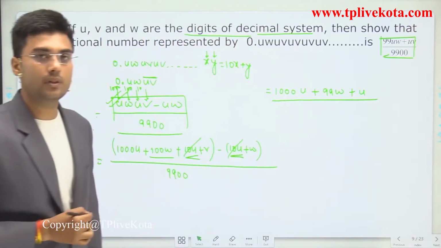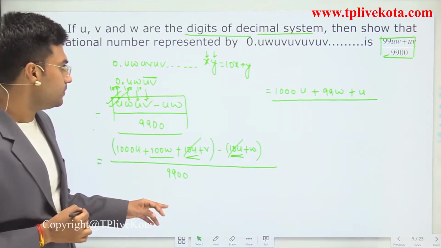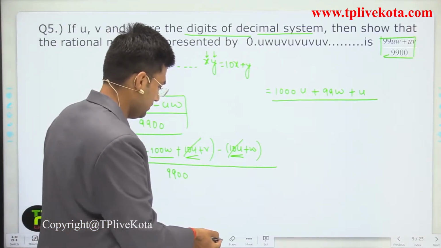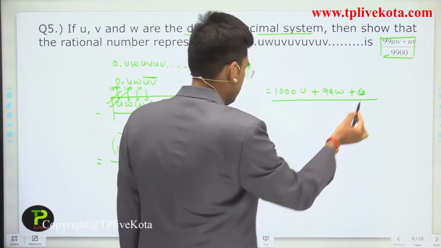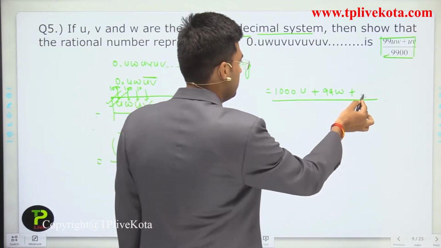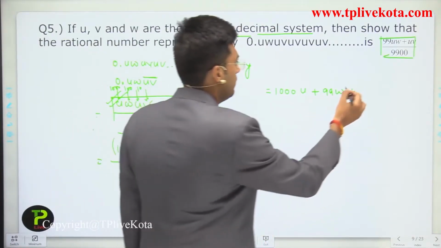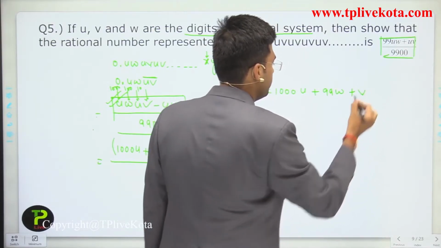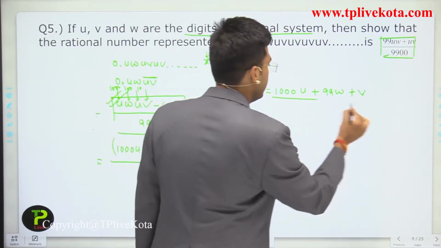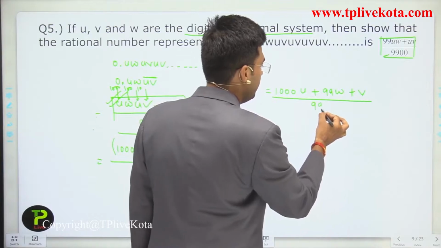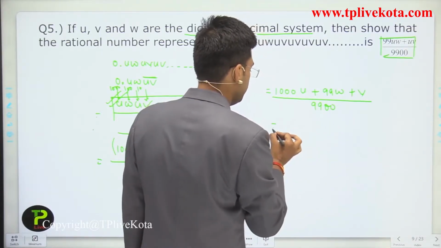Plus 10u plus v. Okay. Now it is divided by 9900. Clear?